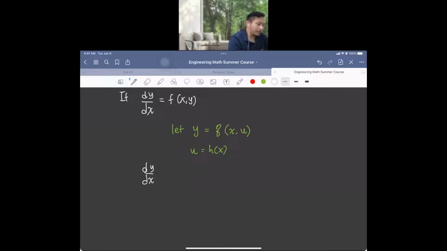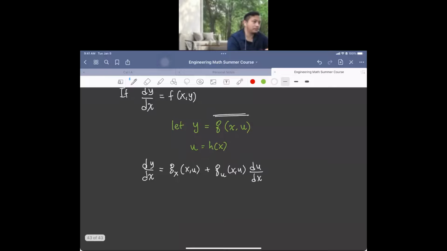Now we can take this dy over dx and take the product rule of g, let's say g can be partially differentiated. Then we have partial g with respect to x, of x and u, plus partial g with respect to u, of x and u, times du dx. This is just a simple product rule.